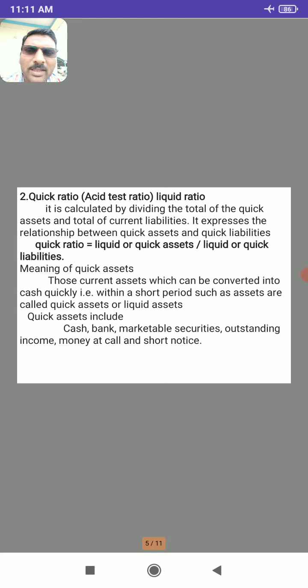First of all, we will learn the meaning of quick assets. Those current assets which can be converted into cash very quickly, within a short period, are called quick assets or liquid assets.